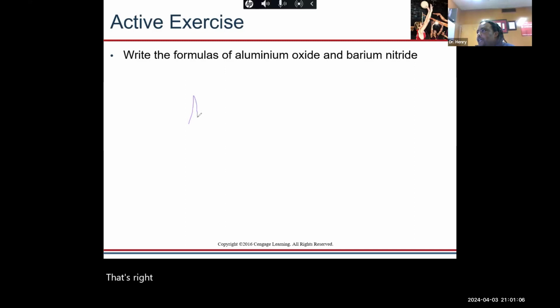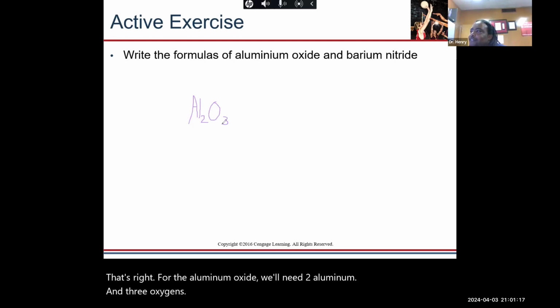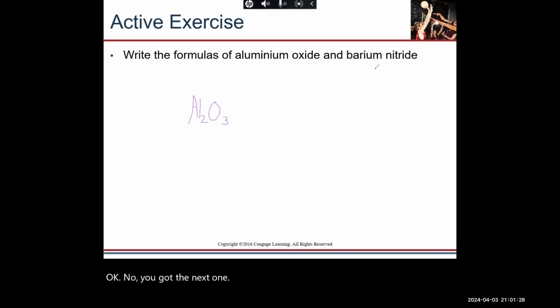For the aluminum oxide, we'll need 2 aluminum and 3 oxygens. Okay, Noah, you got the next one? Three barium, 2 nitrogen. Okay.